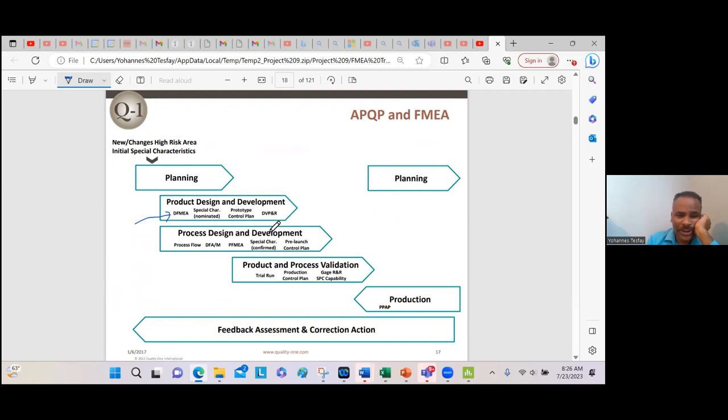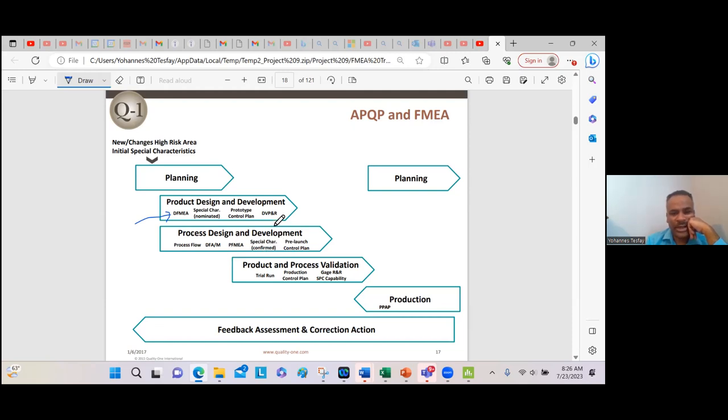From the FMEA, when you do special characteristics, you select the most important parameters affected. Prototyping is based on the design. Prototyping is the first assembled unit based upon the design.